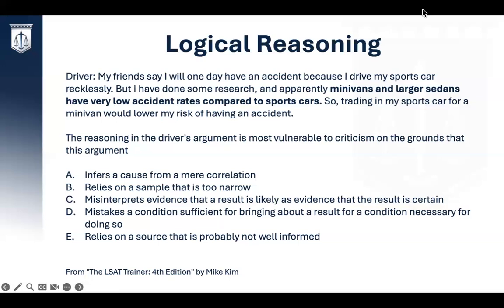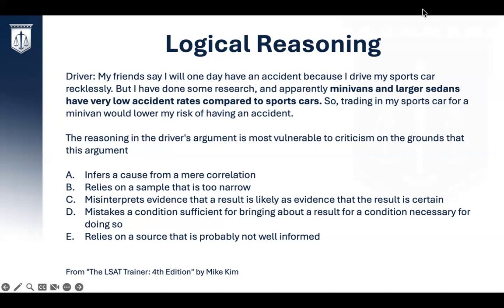That's not the cause of the accidents. And then on D, mistakes a condition sufficient for bringing about a result for a condition necessary for doing so. And again, it tempts you with familiar conditional logic language, sufficient and necessary conditions, right? Here's an example of mistaking a sufficient condition for a necessary condition.